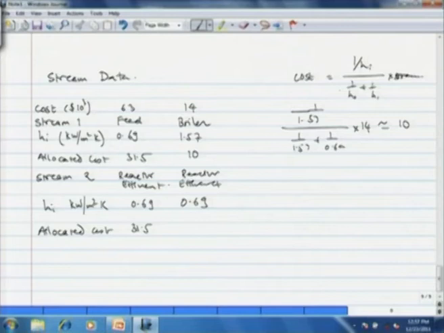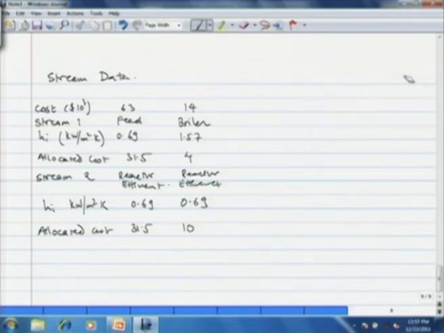Then we do the same for the other stream, replacing 1.57 by 0.69, and it comes out to be 4. So, the $14,000 of the toluene reboiler is allocated as 4 and 10. If you do this for all exchangers, then you get the cost allocation. I am giving the direct answer, you can very easily work it out.